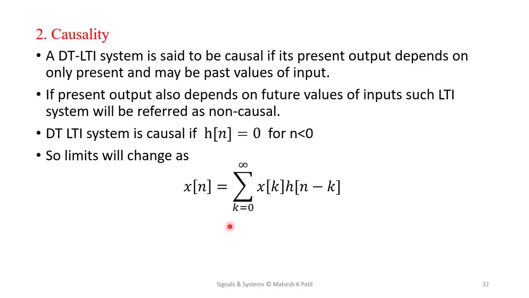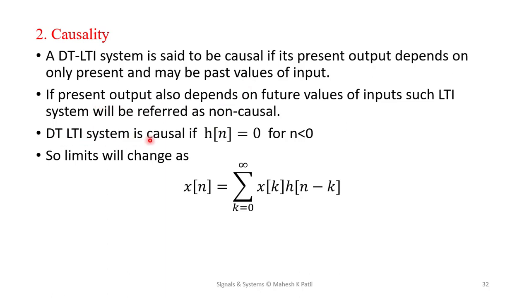Now we'll see the next property, that is the property of causality. A DT LTI system is said to be causal if its present output depends only on the present and maybe on past values of the input. If the present output depends on the future values of the input, then such an LTI system is referred to as a non-causal system. This is the basic definition of causality and non-causality.